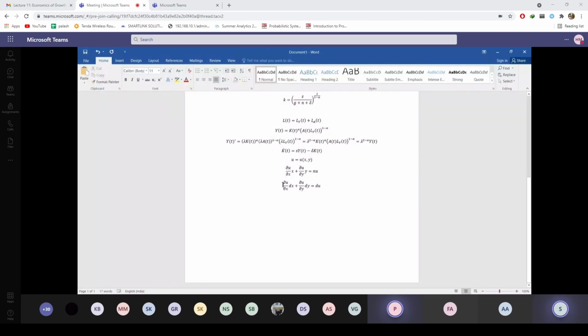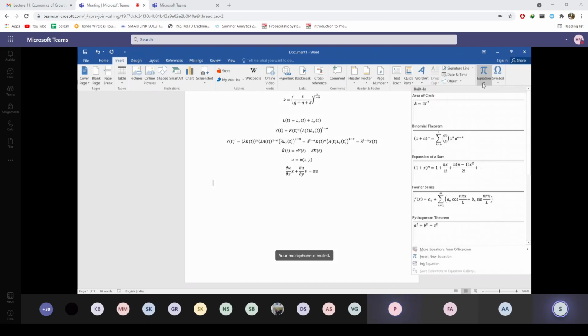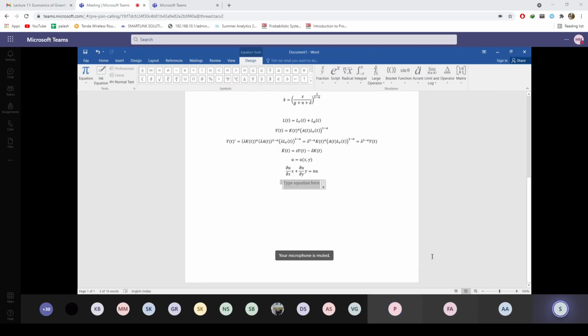Very good. Now suppose it's a production function which is homogeneous of degree n. So let me write down the standard production function: Y equals some function of K and L, and it is homogeneous of degree n.